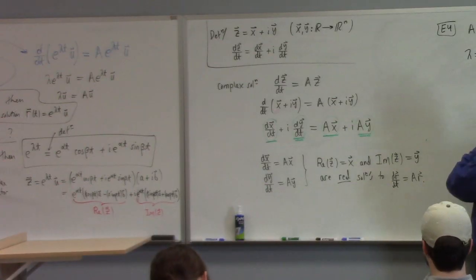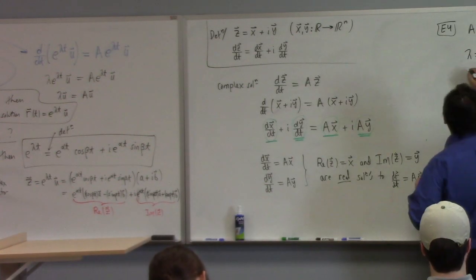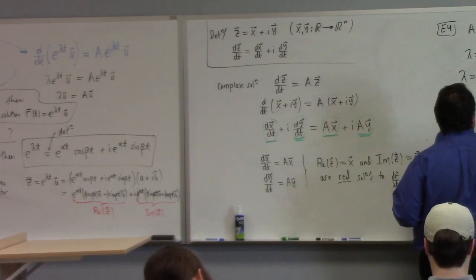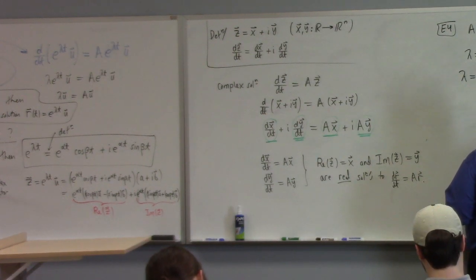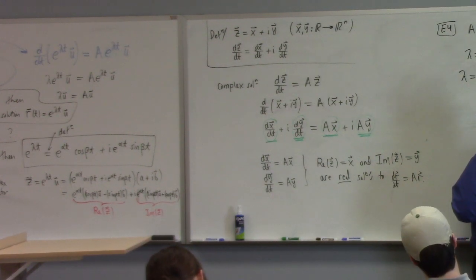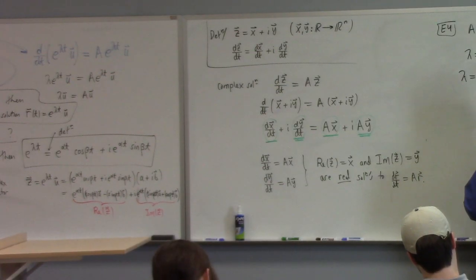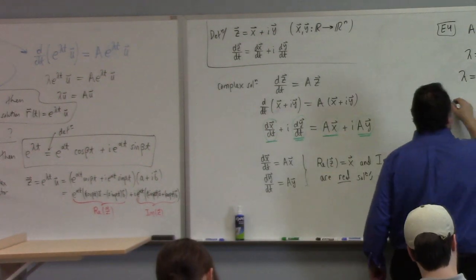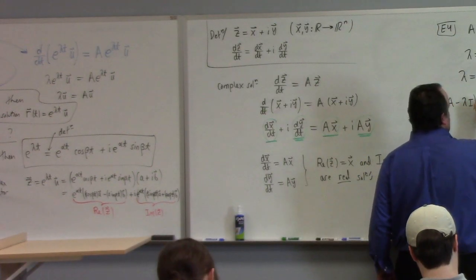And I believe, so we can check this, if we look at lambda equals 2 plus 3i, then I believe u equals 1, i is an eigenvector. How can we check? Let's try it. A minus lambda I times u.